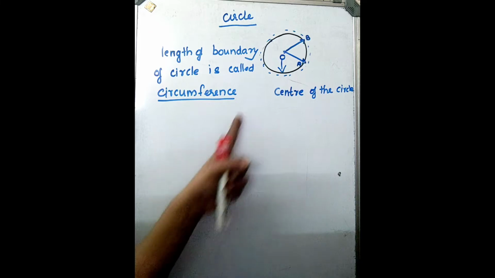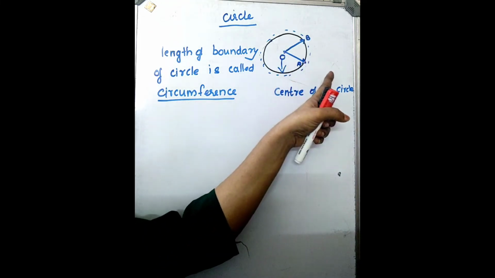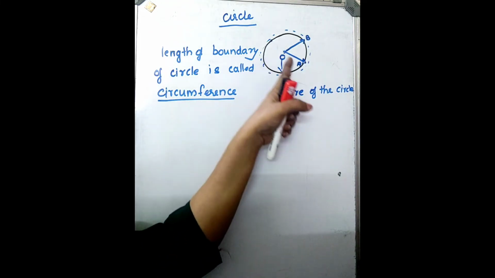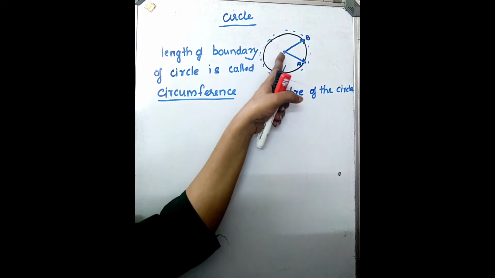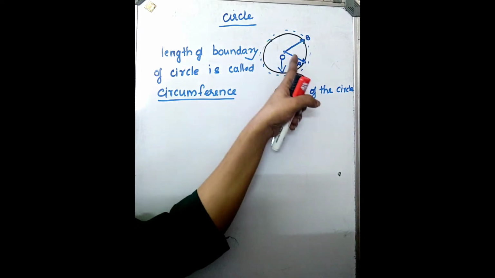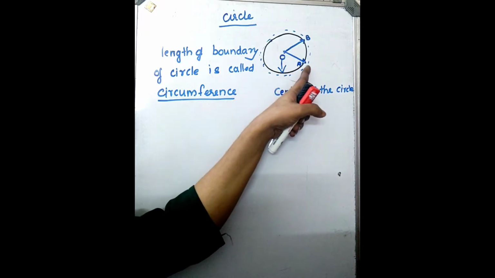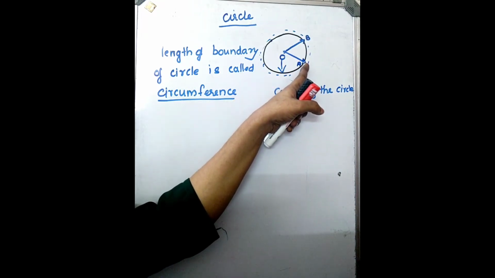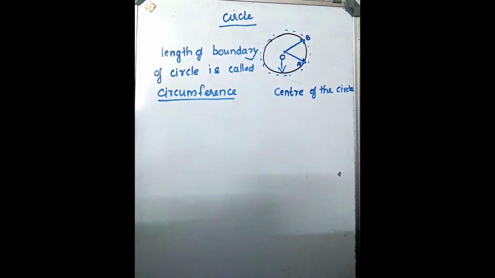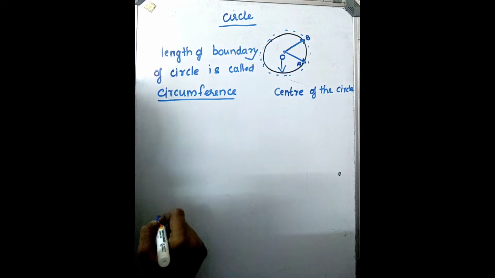This line OA shows a fixed distance between the center and the edge of the circle. This also has a fixed length.